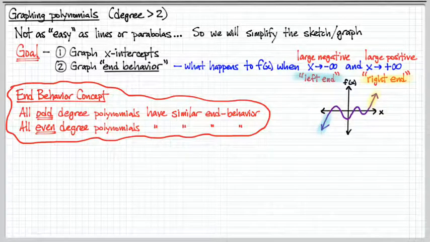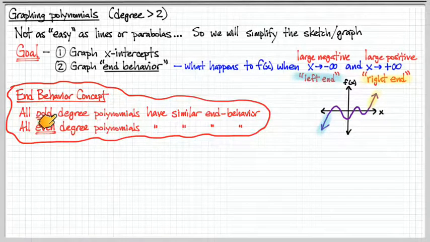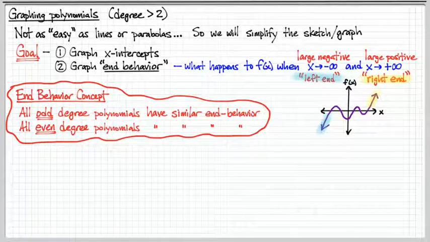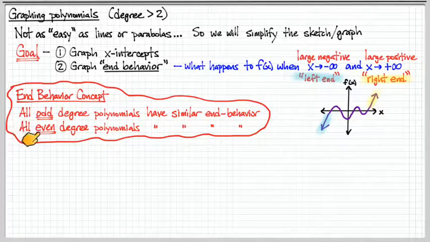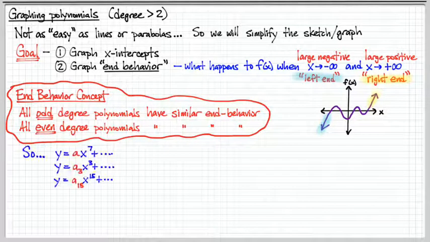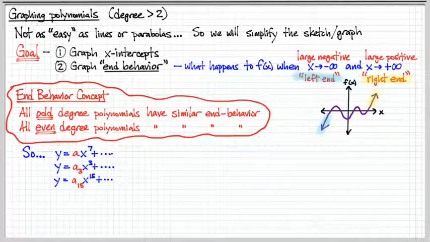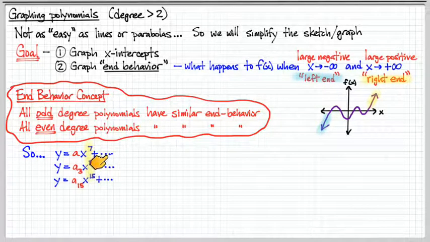So the key concept here is the following. For all polynomials, it's really dictated by the degree. All odd degree polynomials have very similar end behaviors. All even degree polynomials also have similar end behaviors. So for example, these are all odd degree polynomials, all the exponents of the highest term, and I don't even write out the remainder.